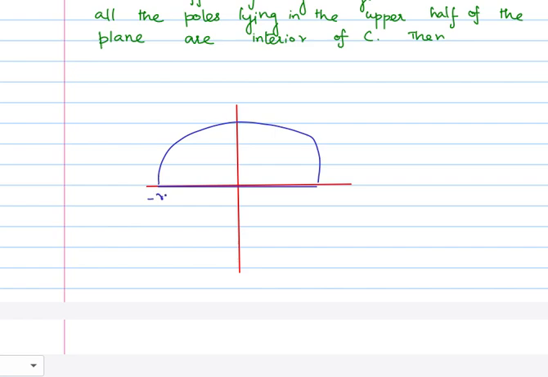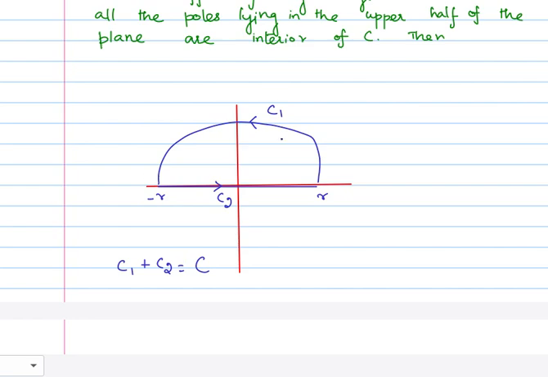This is minus r, this is plus r. This is positively oriented. I take this as C1 and this curve as C2, so C1 plus C2 is my curve C. It's a simple closed curve, correct?